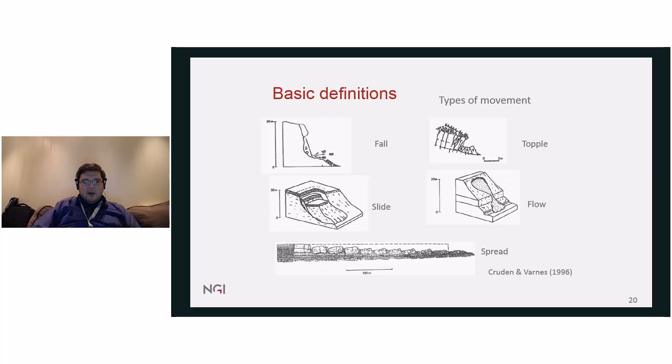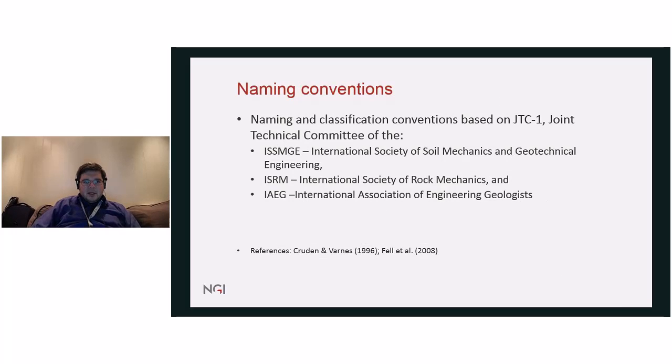And the naming and classification conventions that we are using are based on this joint technical committee, which is basically a joint committee between the societies of geotechnical engineers, engineering geologists, and rock mechanics.